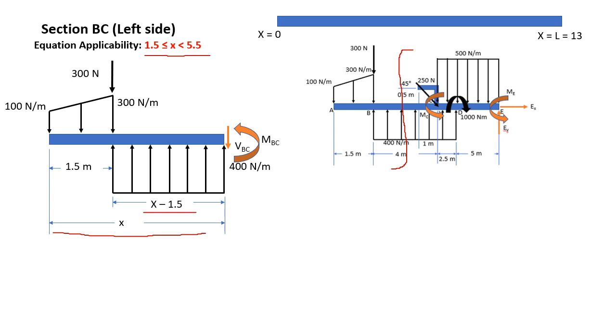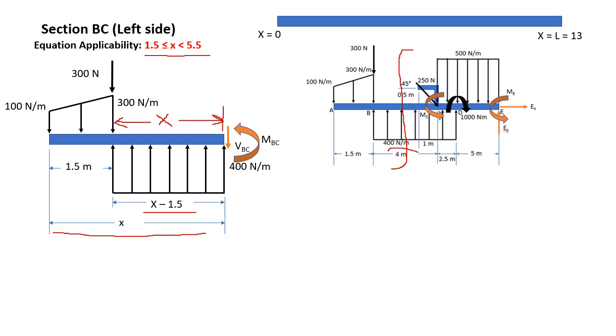Take note that if you represent this length here as X, then your applicability would not be 1.5 to 5.5. Your applicability would be 0 to 4.